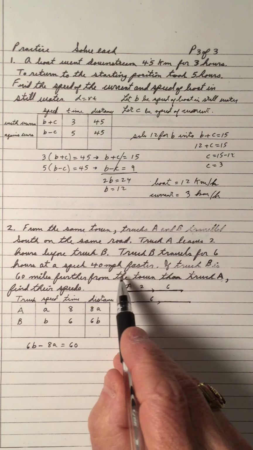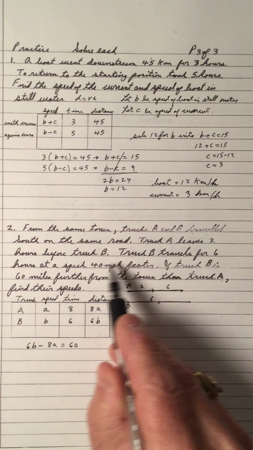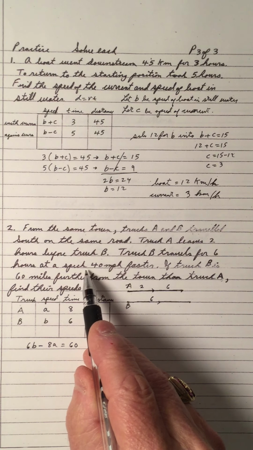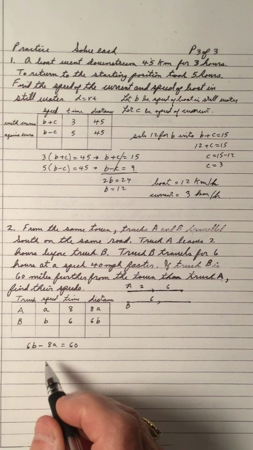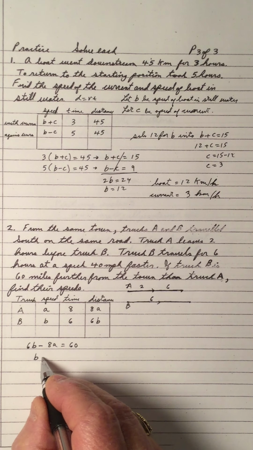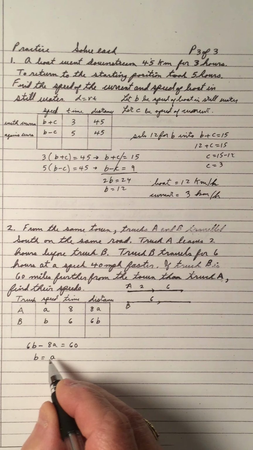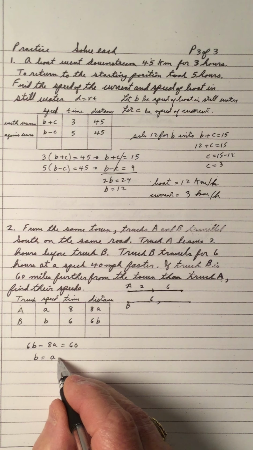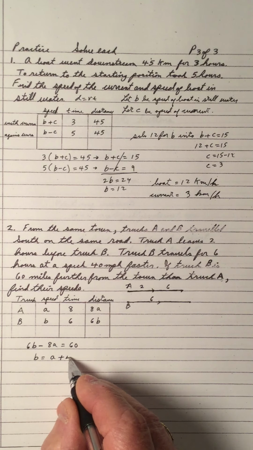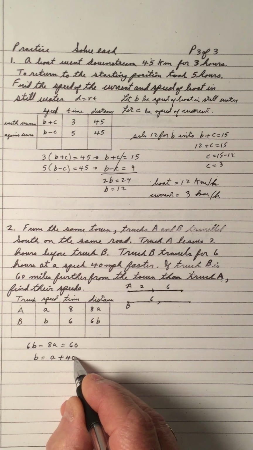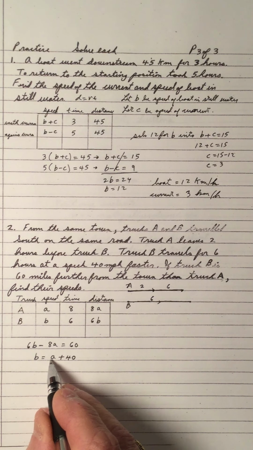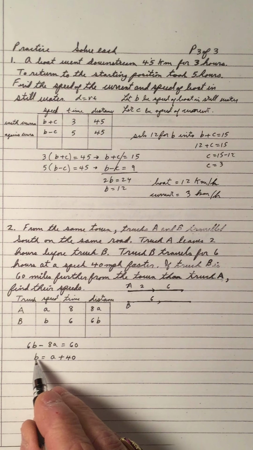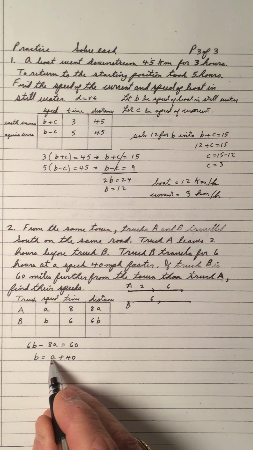And it says that truck B traveled for 6 hours at 40 faster. So truck B and truck A speeds are B and A, but truck B is faster. I could go B minus A equals 40, but I went with B equals A plus 40.